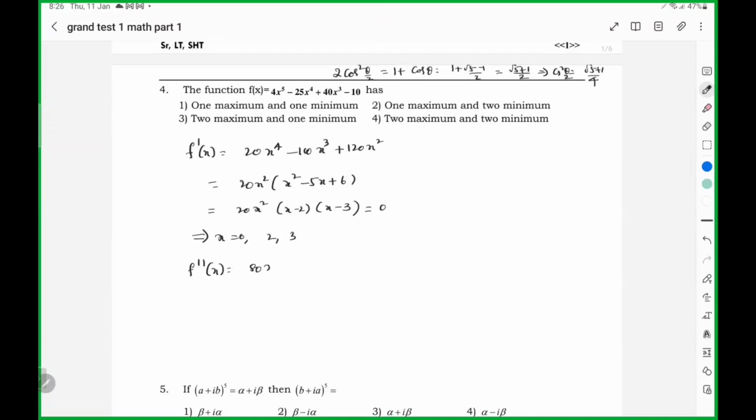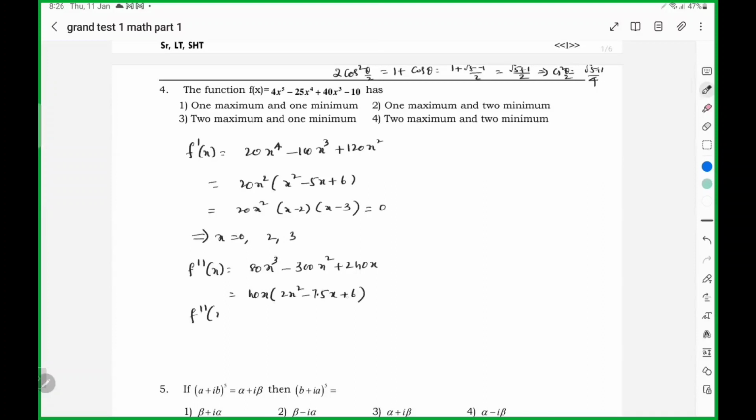So 80x cube, 300x square, 240x. If you take 40x common, 2x square minus 7.5x plus 6.